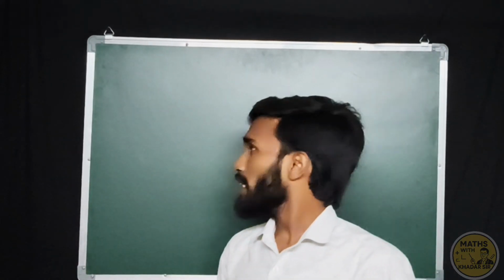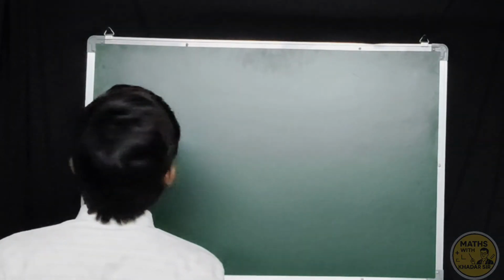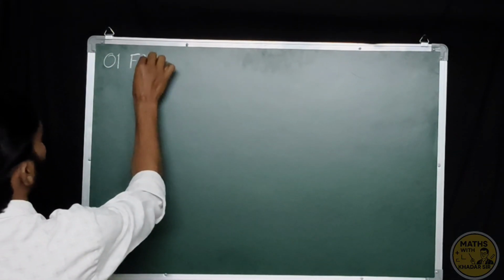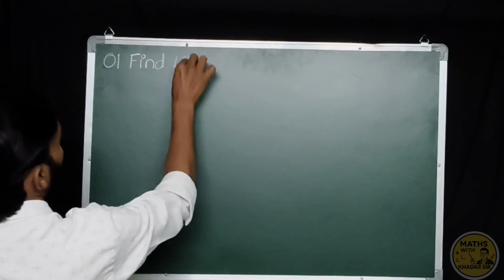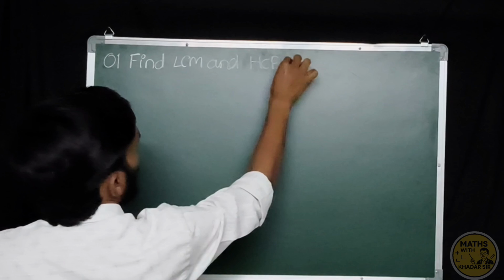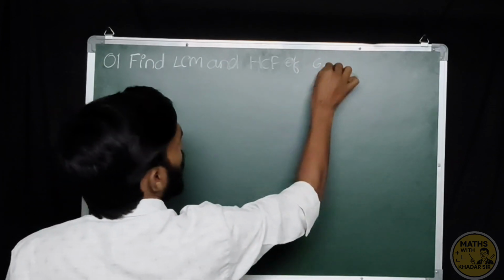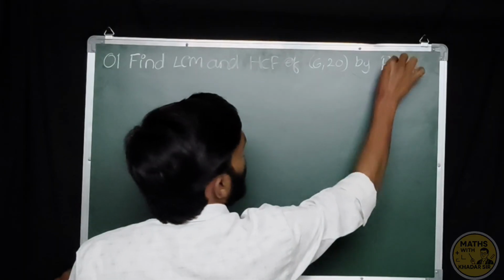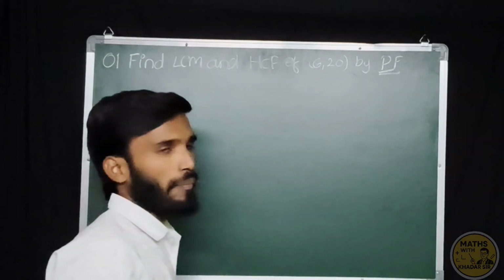Now, our today's topic is finding the LCM and HCF of numbers by using the prime factorization method. For example, I am taking the numbers 6 and 20. Find the LCM and HCF of 6, 20 by the prime factorization method.